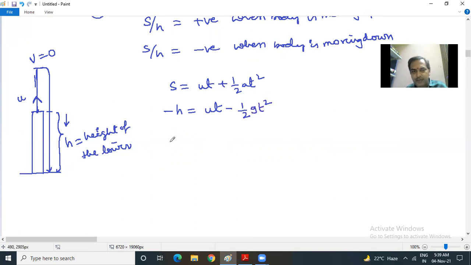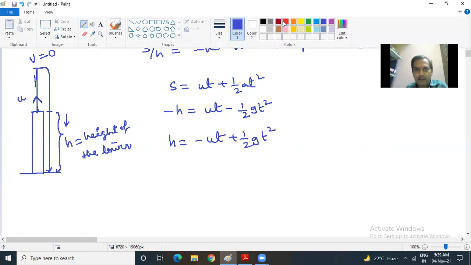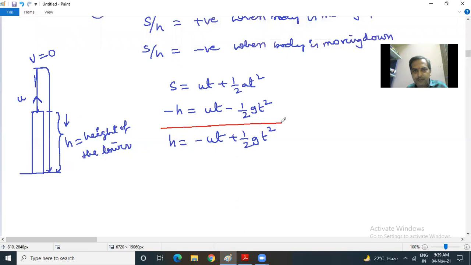So you will get the equation as minus h equal to ut minus half g t square. After cancellation of minus on both sides of the equation, you will get the equation like this. There are many numericals based on this equation. If you directly apply this equation, you will get answers to all the questions. In connection to this, I will explain numericals in the next session.